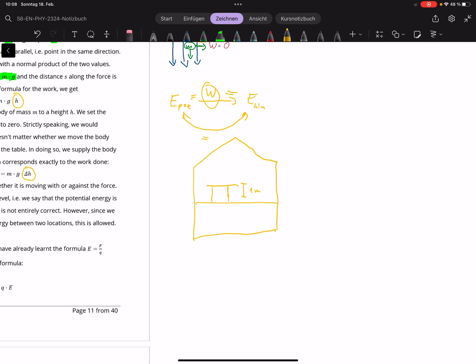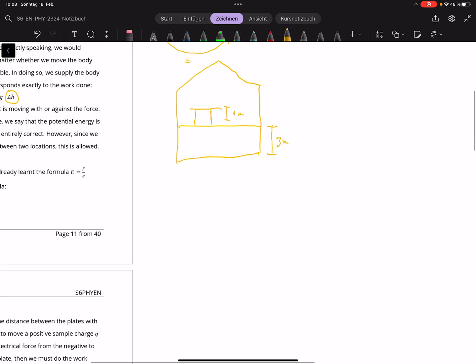So what's the height of the table now? This might be 3 meters. And again, the house might be located on a hill. And the hill might have a height of 200 meters. And then again, sea level is somewhere here. Okay.